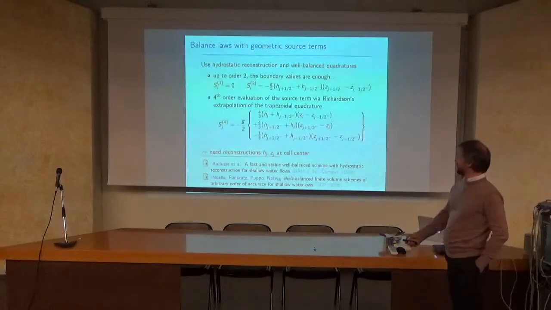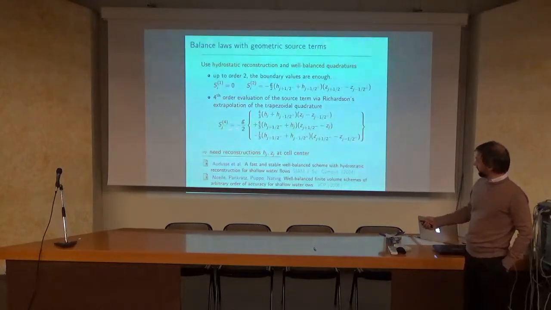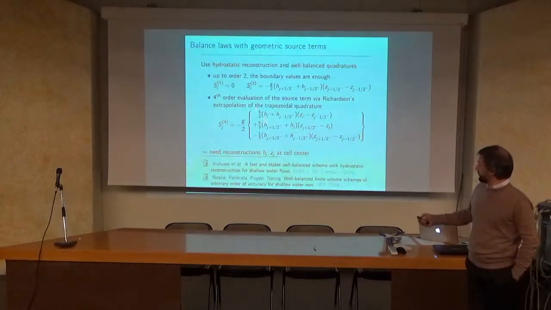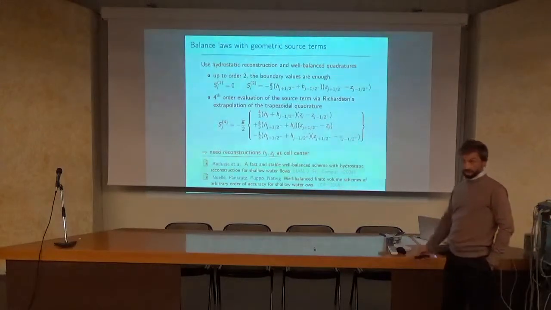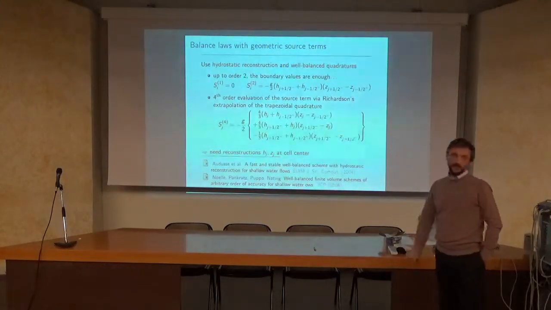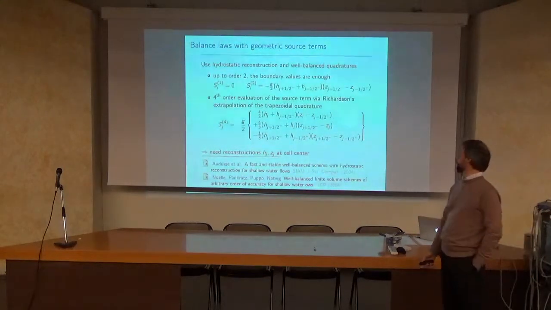But if you want to do this at 3rd or 4th order, then there is, for example, this well-balanced quadrature published in 2006, which makes use of the reconstructed values at the center of the cell. So yet another reason to be able to reconstruct at places where standard reconstructions are not able to compute.